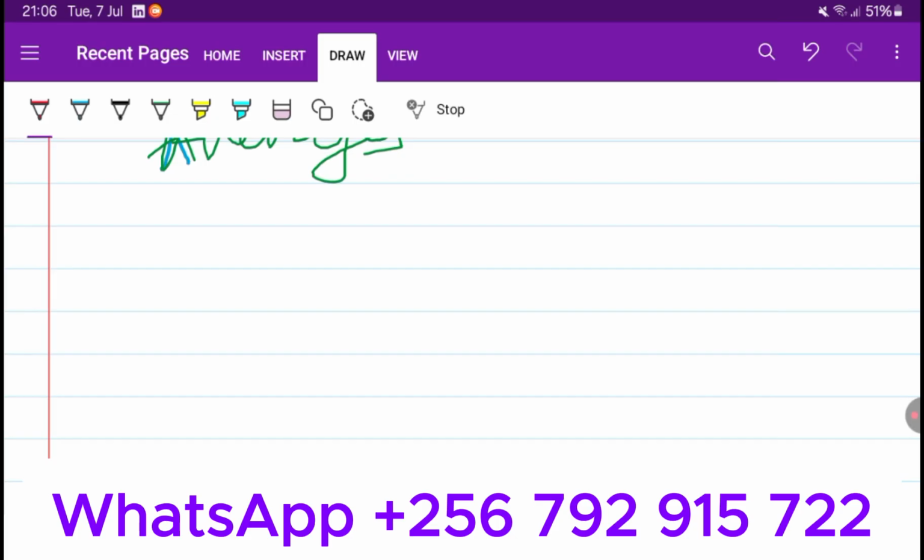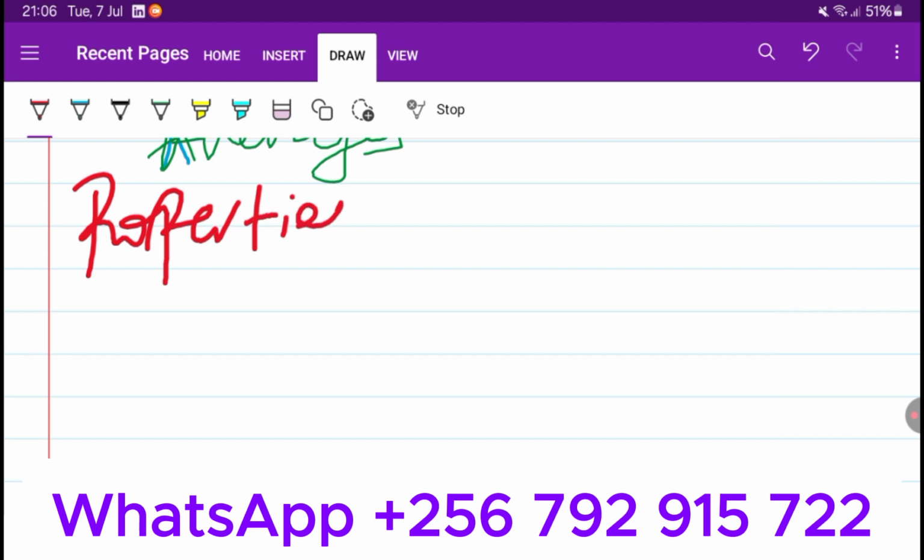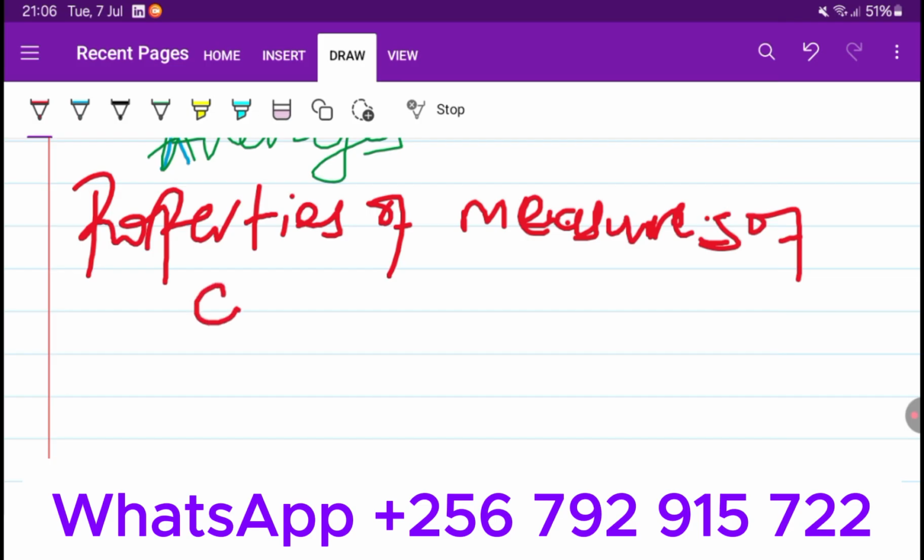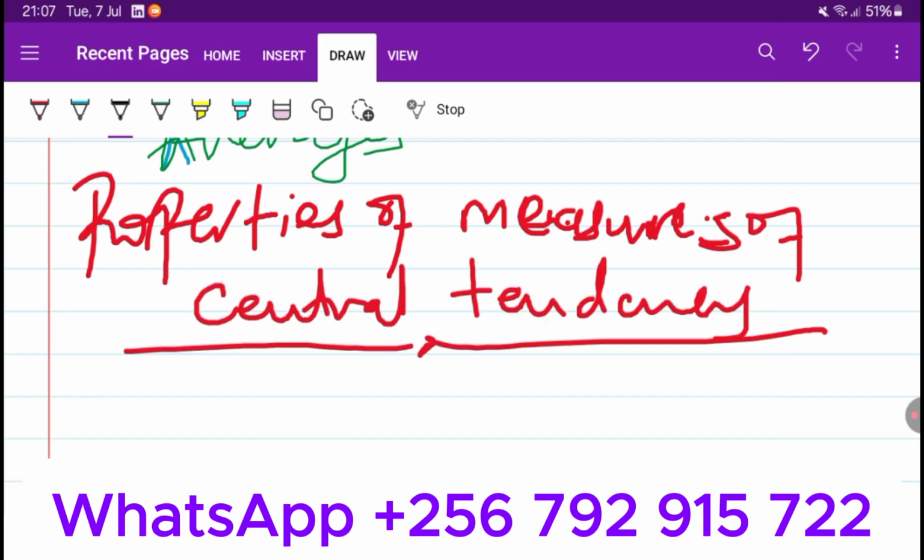So you can look at the properties, or what we call the prerequisites, of a good measure of central tendency.